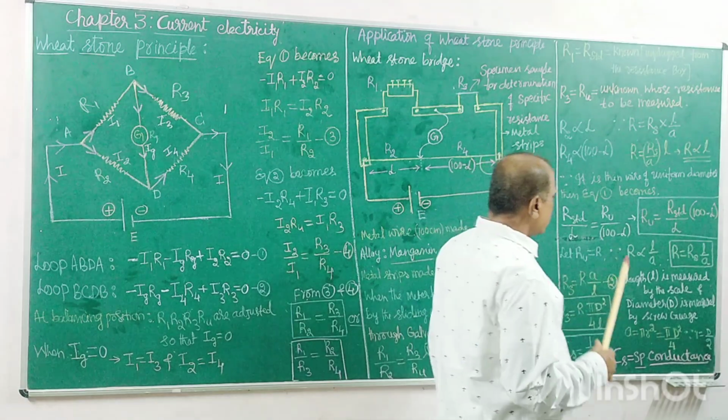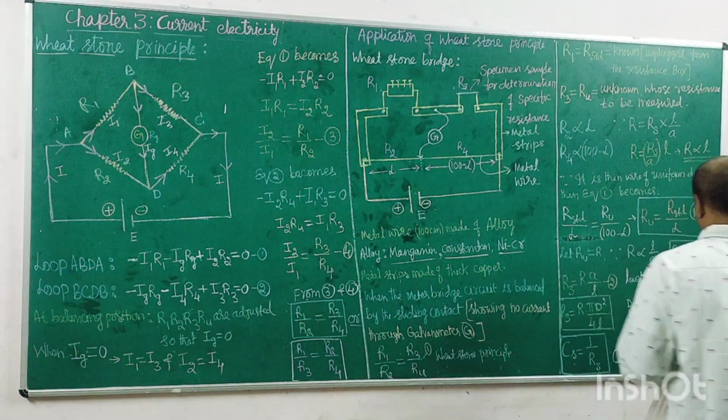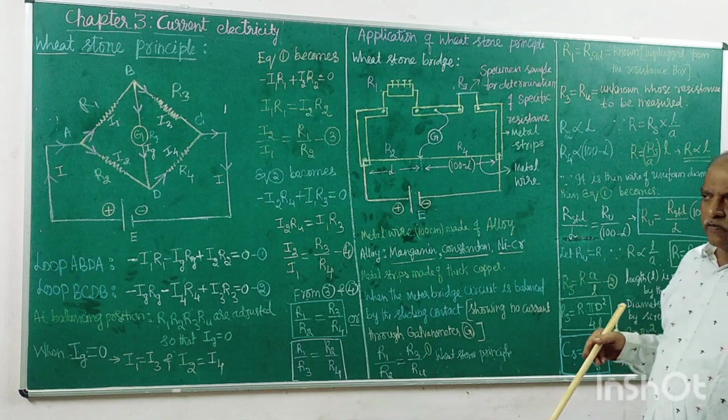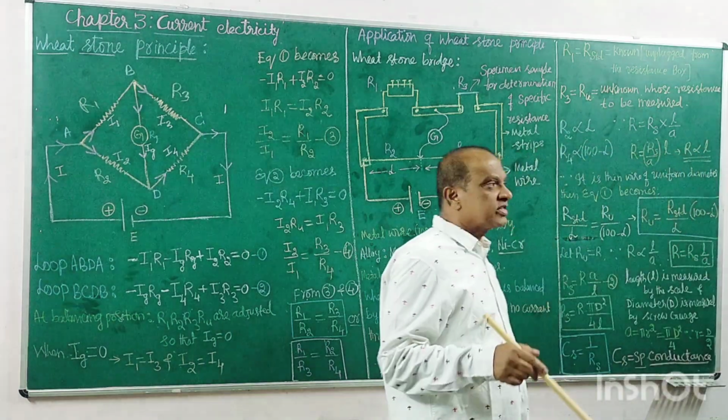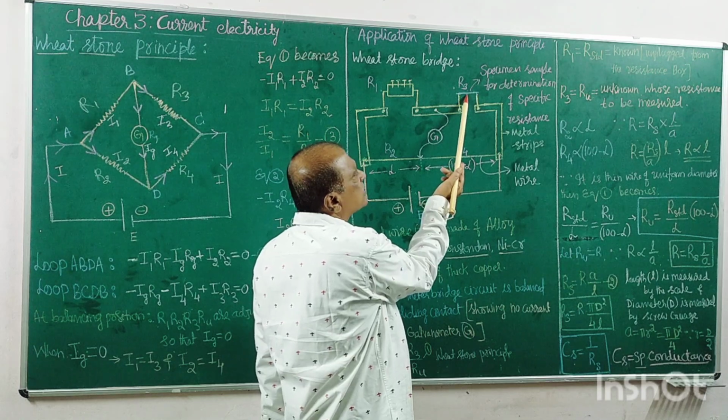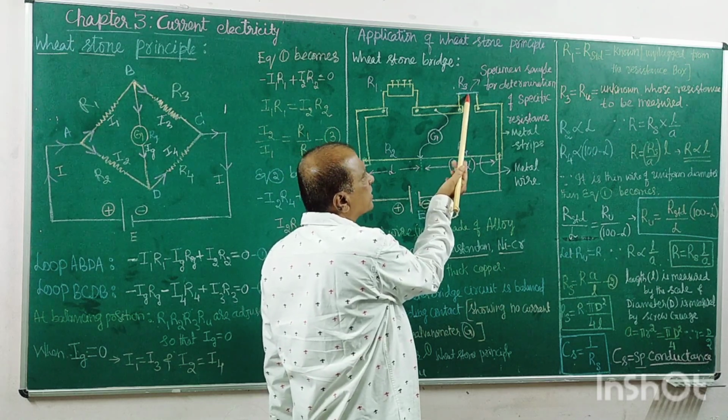So now I want to use this value to evaluate the specific resistance of the material. We have to understand that we can evaluate the specific resistance or the specific conductance of the material.